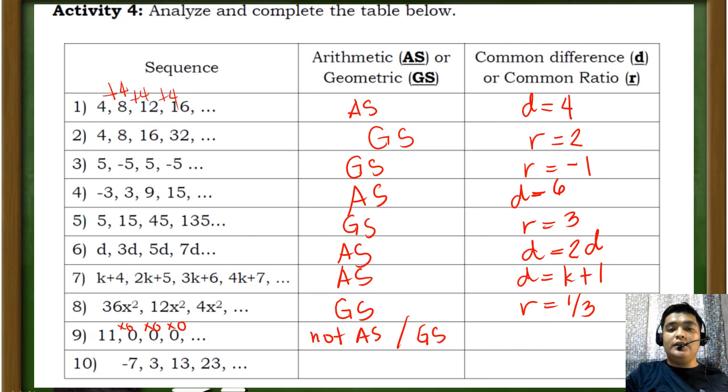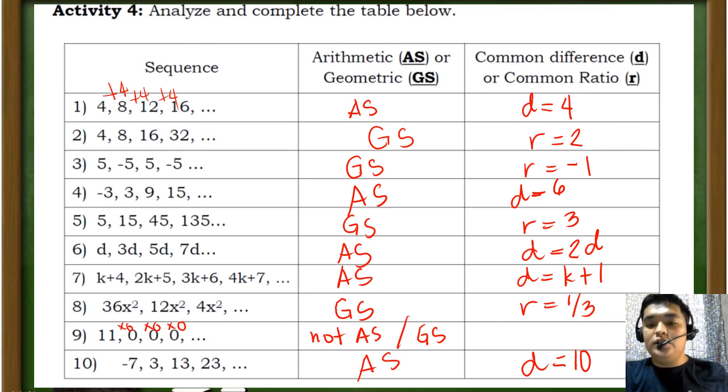The geometric sequence should have a non-zero constant, so R should not be 0. Okay, number 10, this is an arithmetic sequence, and our D here is 10. Okay, so if you got it correctly, perfect, very good.